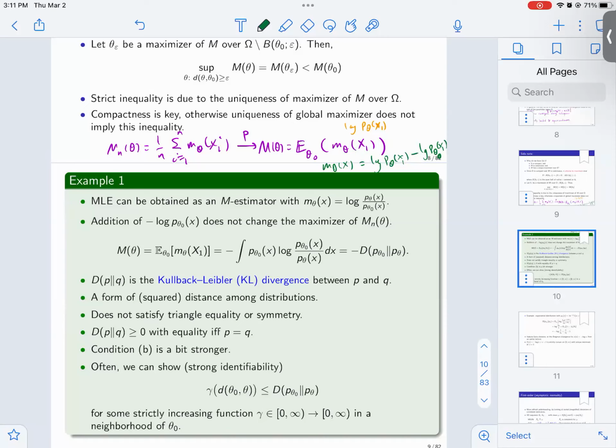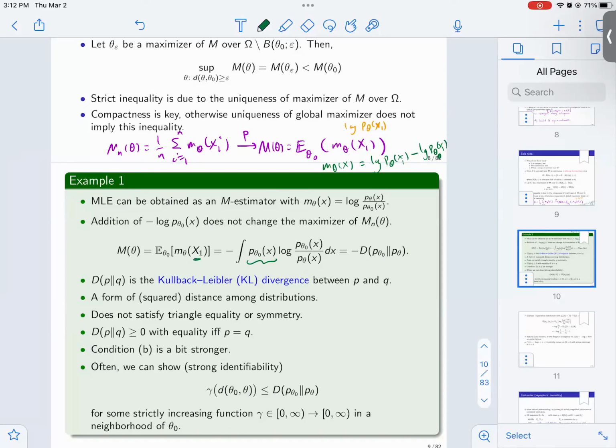So if I calculate the capital M theta for this little m theta, you can see this can be written as an integral: the integral of negative log p theta over p theta naught. I'm just flipping the numerator and the denominator, so I get a negative sign, and then integrating with respect to the density of x1, which is the true density.